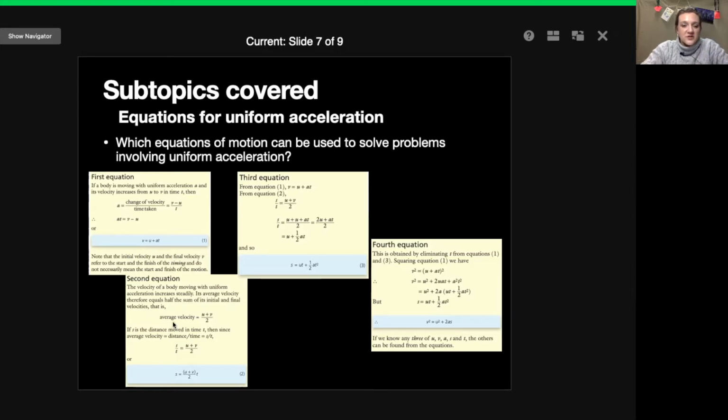The second equation is average velocity. So average velocity is also the change of velocity divided by 2. So this means your velocity final minus your velocity initial, divided by 2, because this will give you the average between the two measurements.